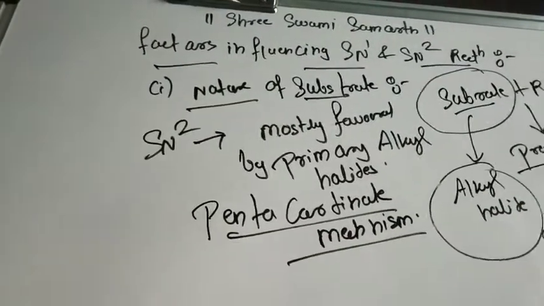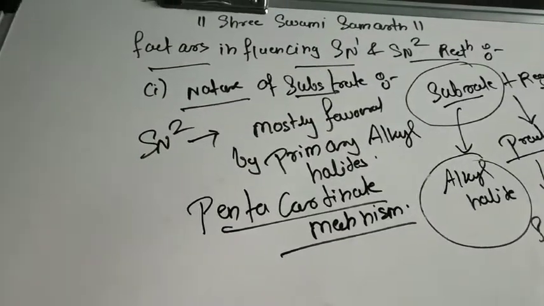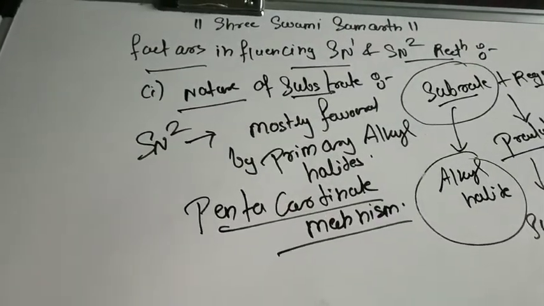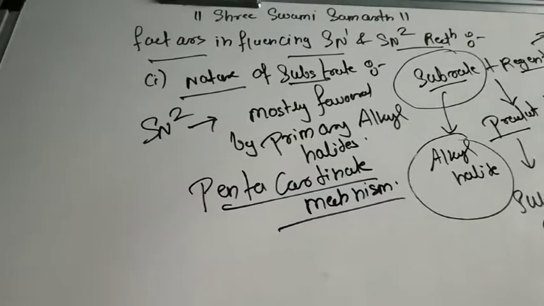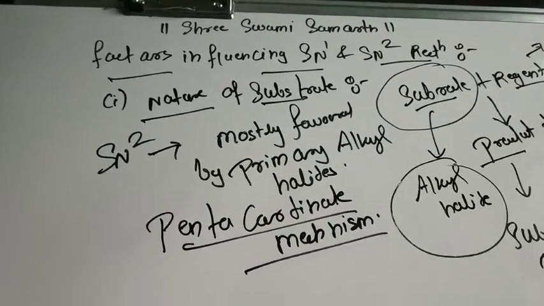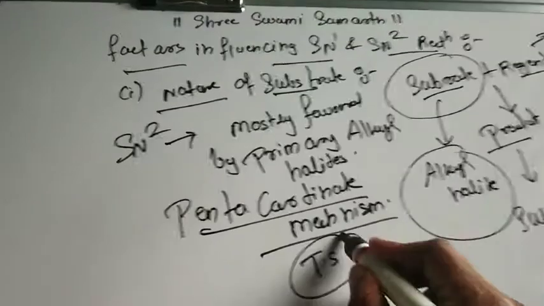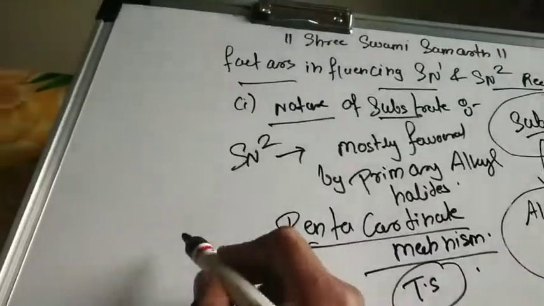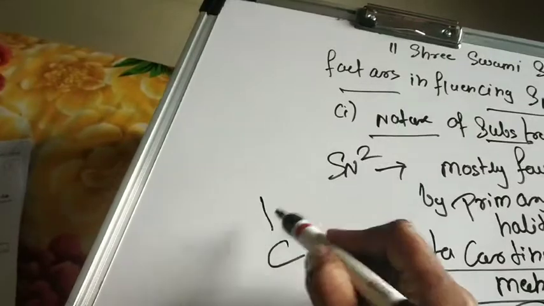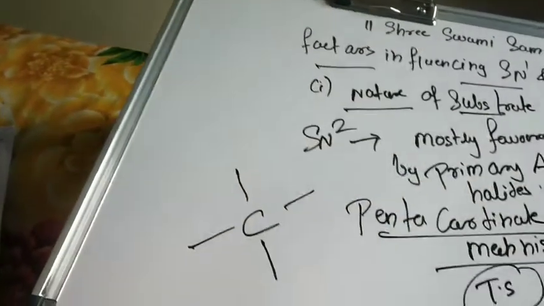Now what is the pentacoordinate mechanism? We have all seen that when a primary alkyl halide reacts with a particular base, it gets converted into a transition state, right? And in this transition state, this carbon is forming 5 bonds, right?